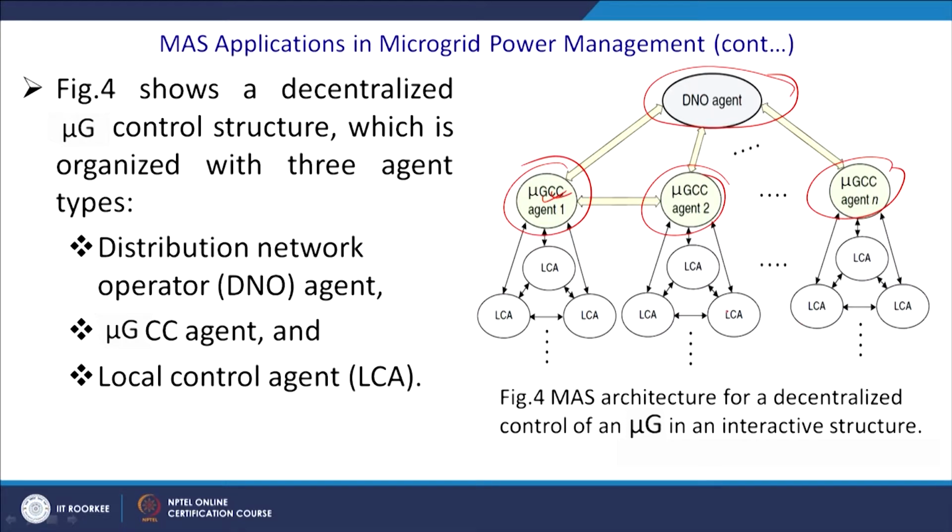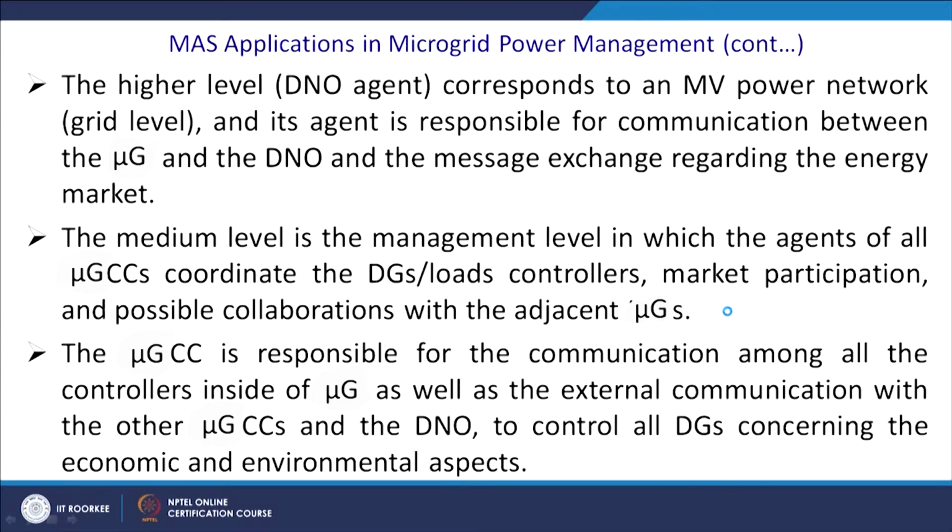This is the centralized structure of the decentralized structure of the microgrid in case of the MAS system. Now, the higher level decision making body is the DNO.